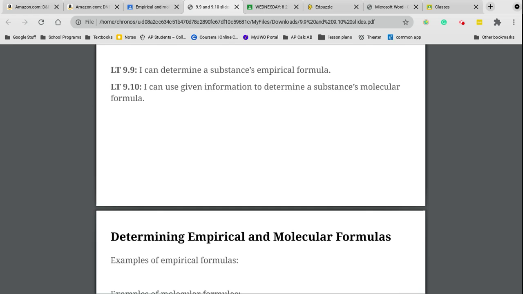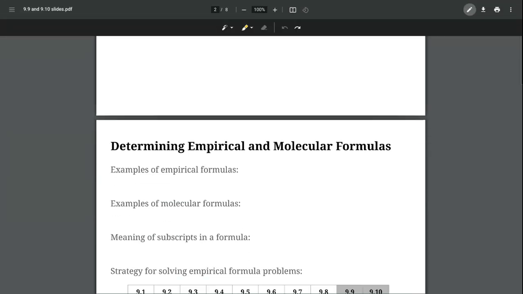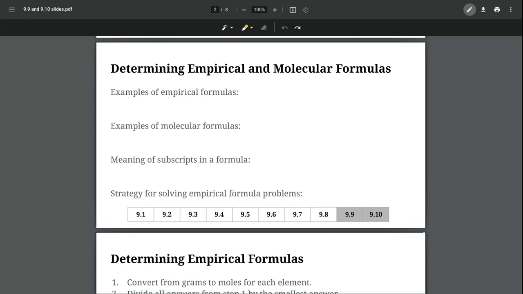So now we're working with molecular formula versus empirical formula and how to find the empirical formula. Let's look at the difference between them. A molecular formula is really what we're familiar with right now. It's like glucose, C6H12O6, all of those things.